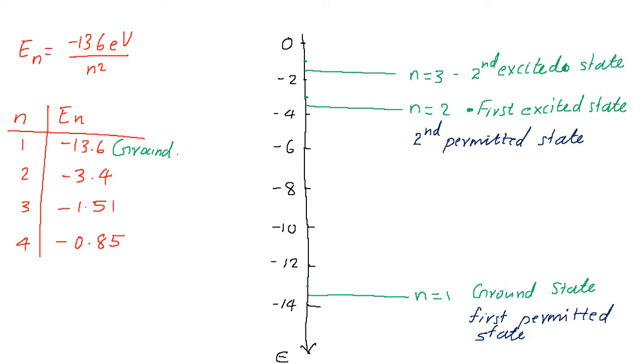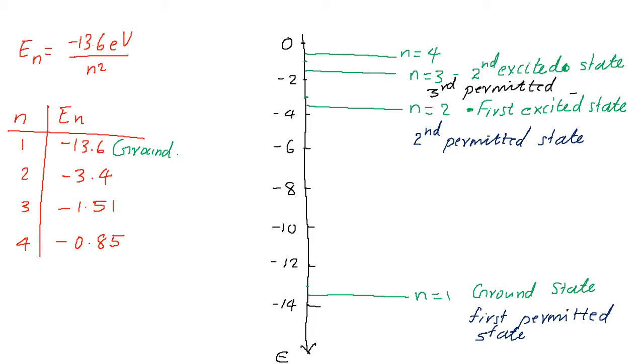We also call it the third permitted state or permitted energy level, correct? Now let's consider the next energy level, that is n equal to 4. So that is somewhere at 0.85. So if you call this negative 1, then it is somewhere here. You can see that the energy levels become closer.